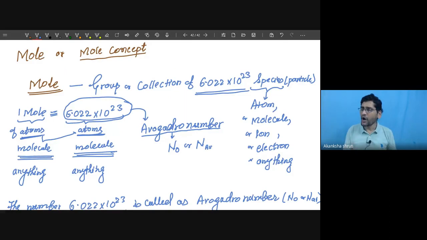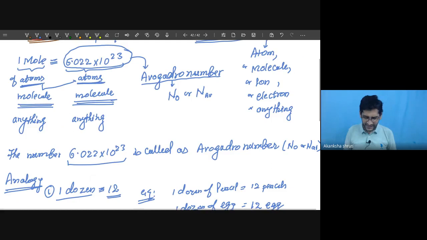Now, mole of something will be given. So mole of pen, mole of pencil, mole of molecule, mole of atoms, mole of ions will be given.